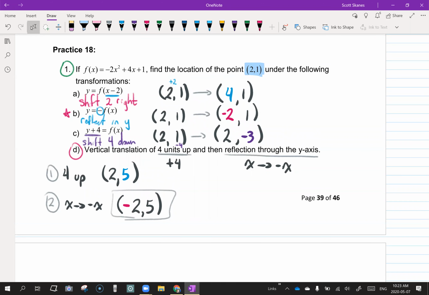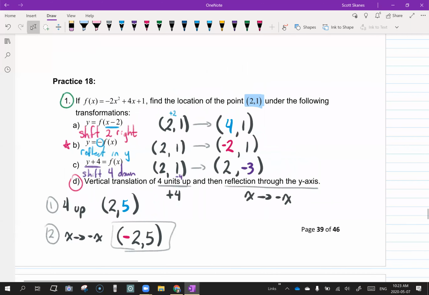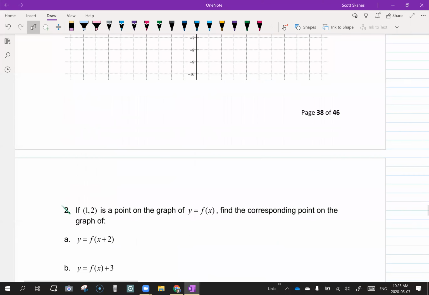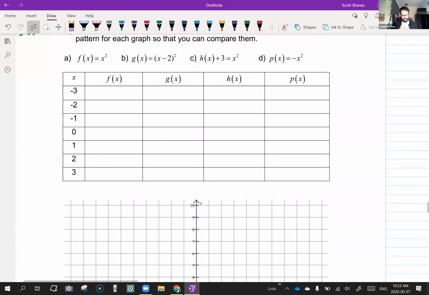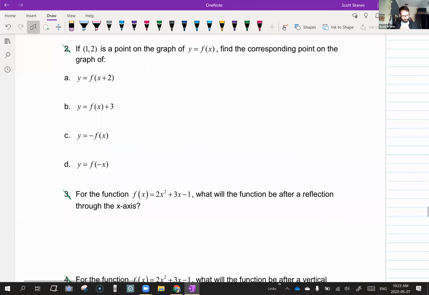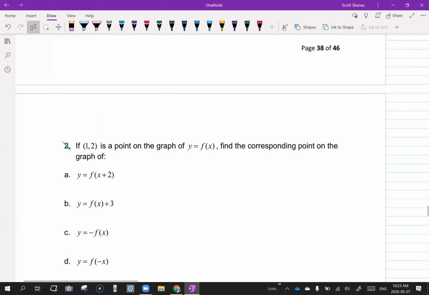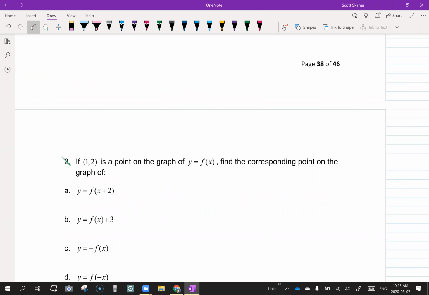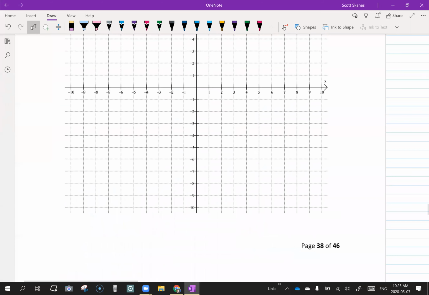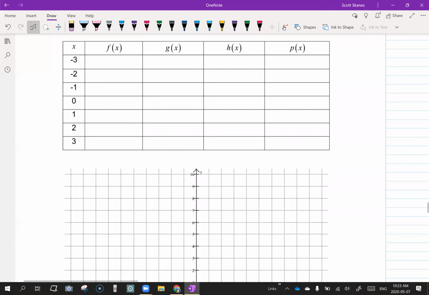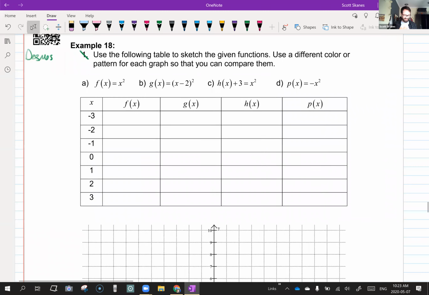This is only the translation. I don't know. I'm not sure what your question is, to be honest with you. This one. 18. Which one? Give me 18. 18. This one.